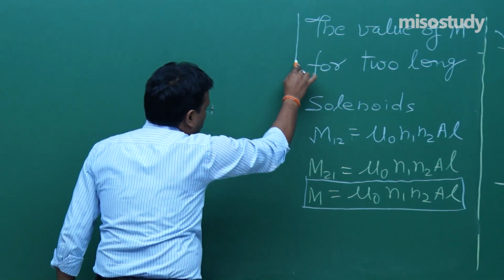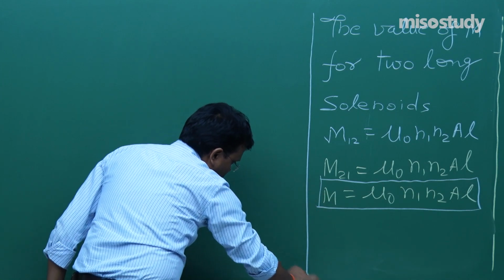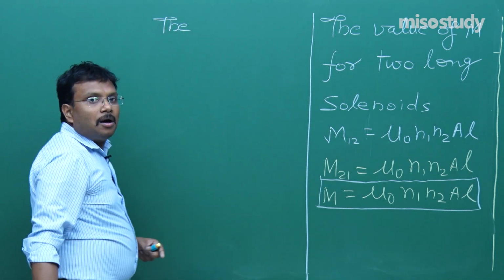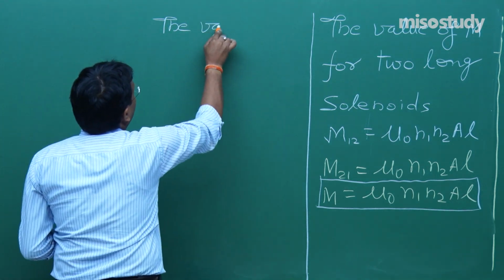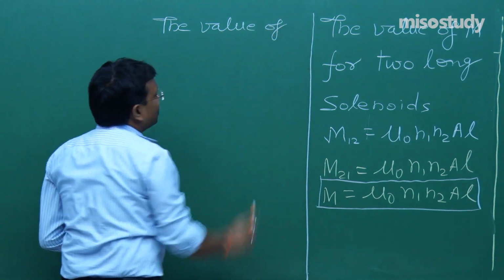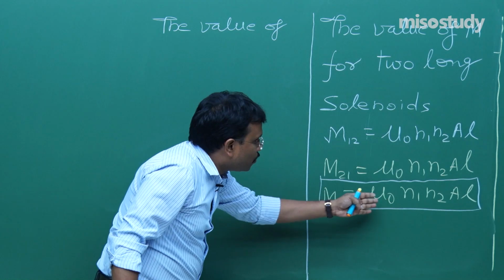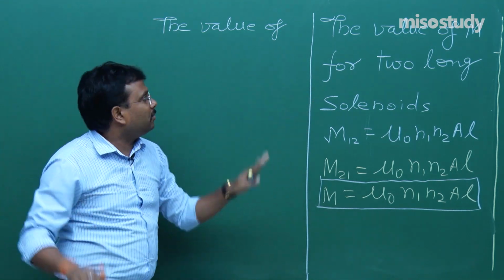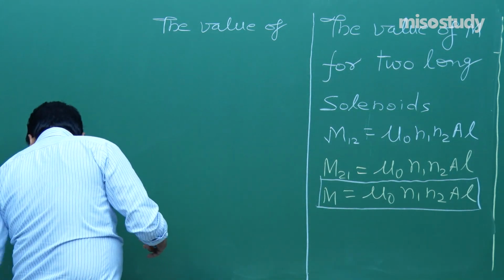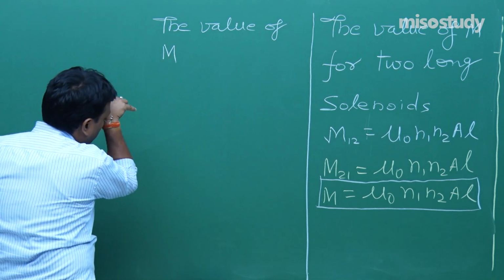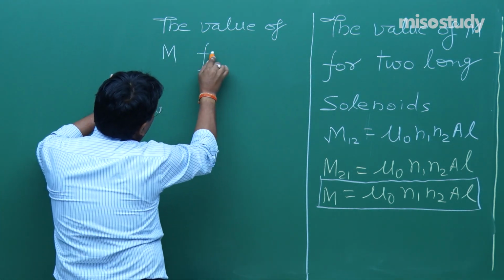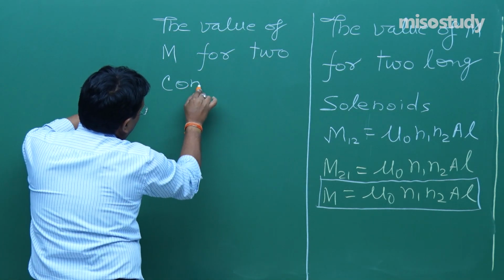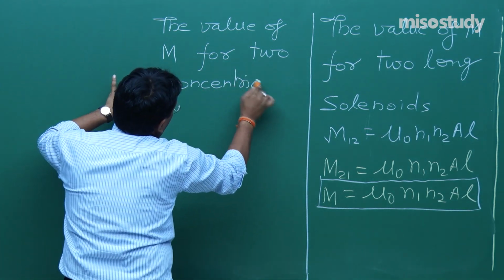Then comes the value of M, in the sense its expression. For given numbers you can find the value, otherwise you can also write the expression for that, but I think it is a simple term. The value of M, that is mutual inductance for two concentric coils.